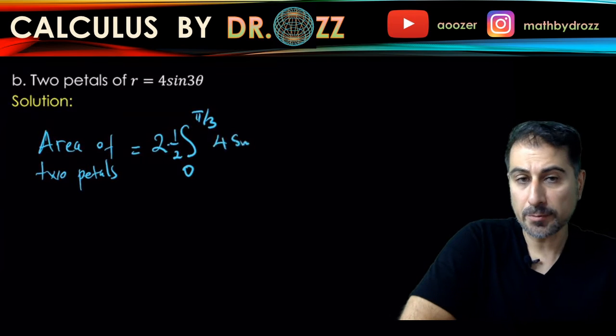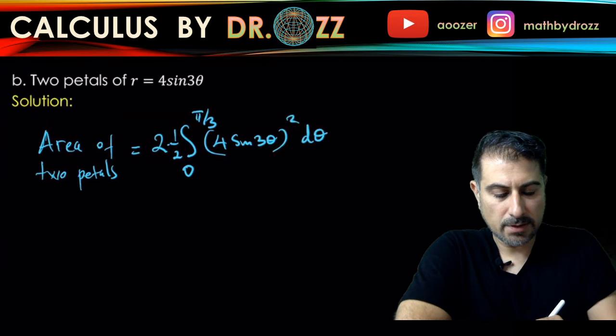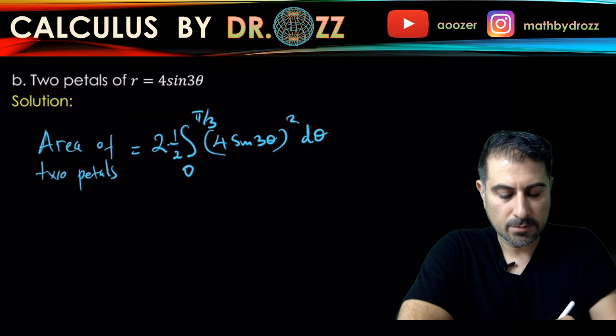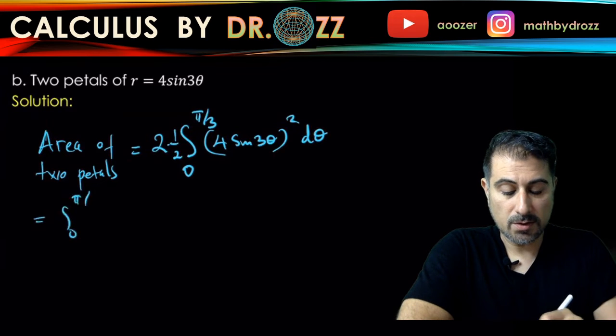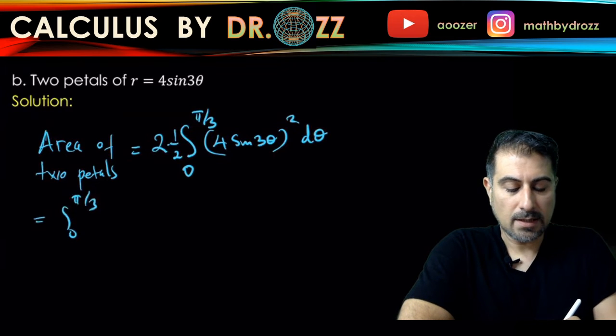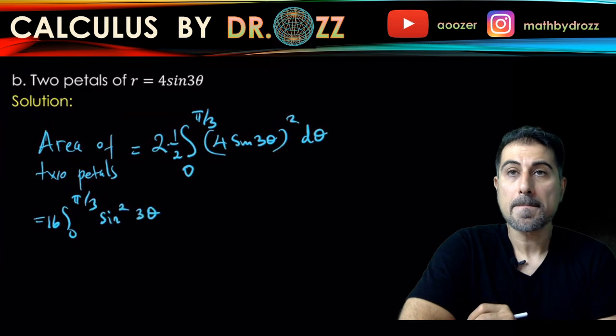I'm using the area formula that I showed you in the beginning. So let's see what it boils down to. 2 times 1/2 is 1, so this is 16 sine squared 3 theta d theta, okay?